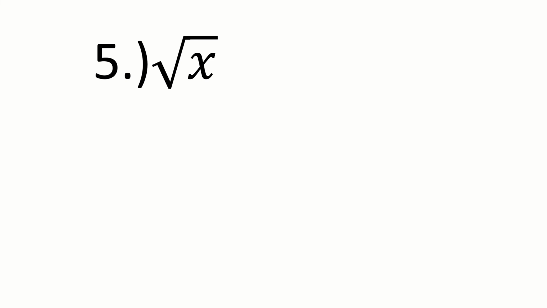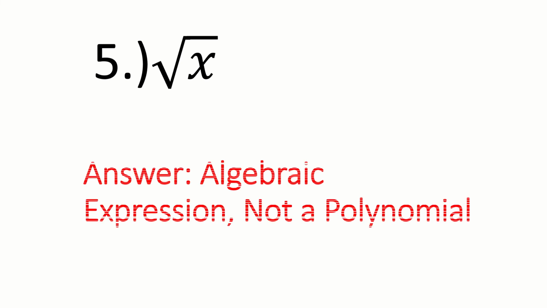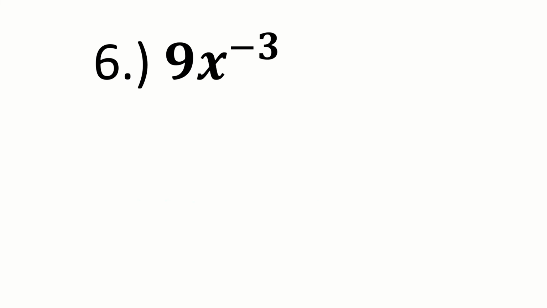Okay, number 5. Square root of x. Okay, correct. It's an algebraic expression, but it is not a polynomial. Let's have number 6. 9x to the power of negative 3.